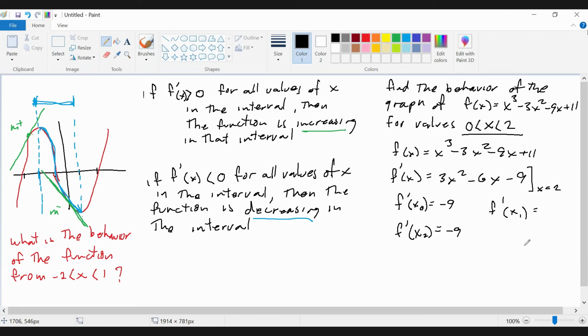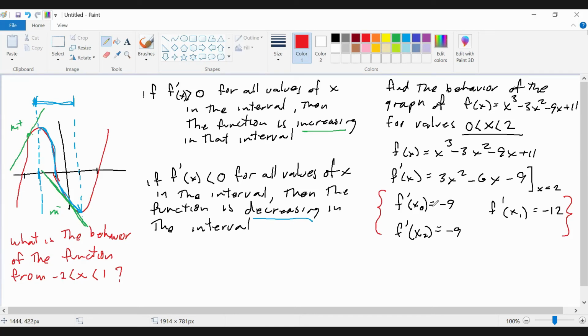What do you get? Negative 12. Okay, so with this information that you have there, you can now make your conclusion. Is this an increasing function at this interval, or is it a decreasing function in this interval?